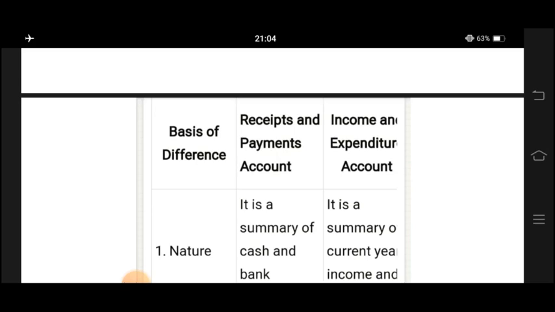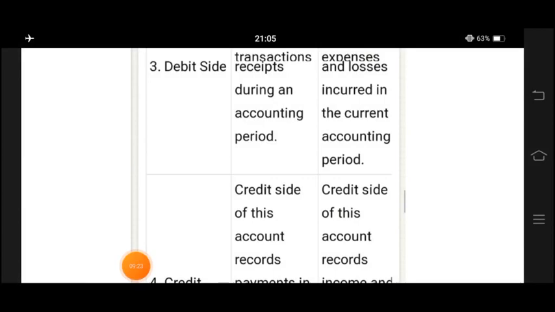And when we talk about the transactions recorded in that particular account, in the receipt and payment, all the transactions of receiving will be recorded on the debit side. But on the debit side of income and expenditure, all the expenses and losses incurred in the current accounting period will be debited there.